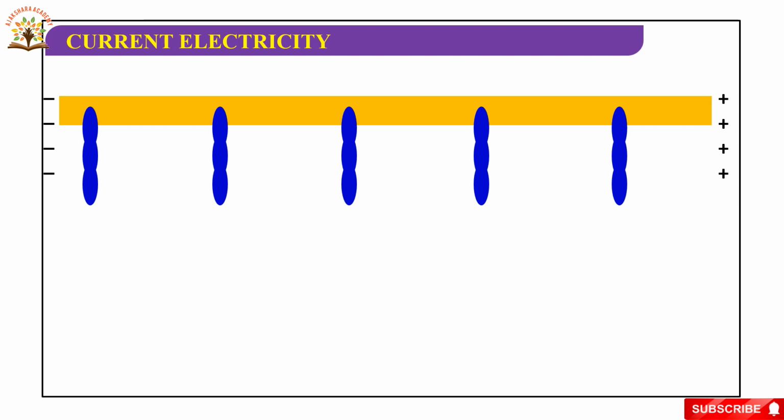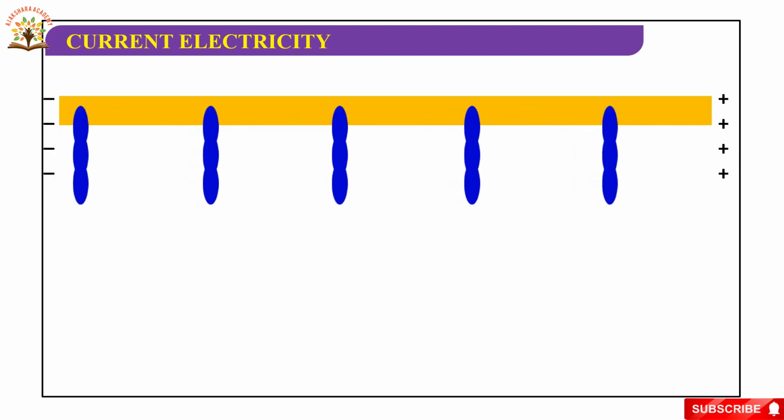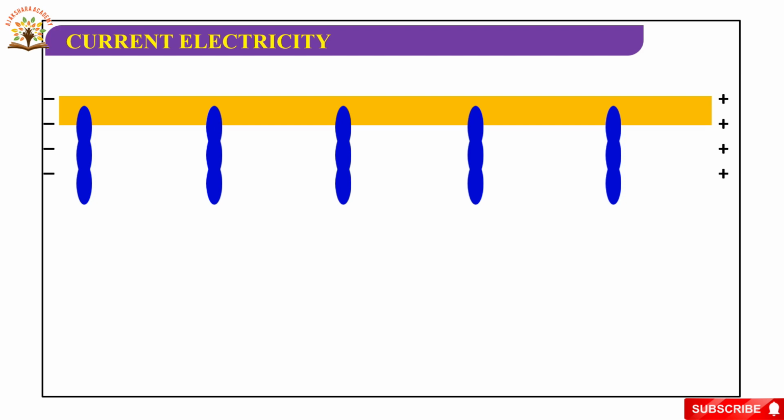Here we are taking a conductor and negative ions are moving towards the positive plate.